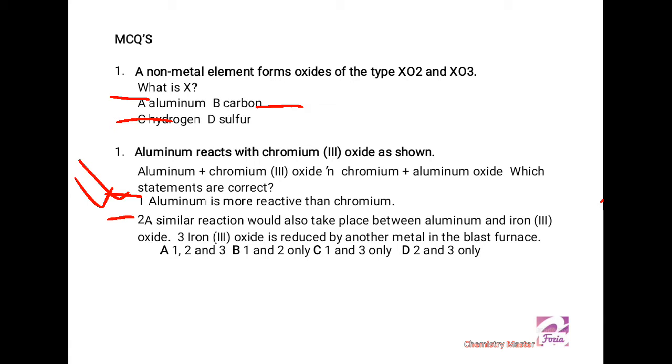So 2 is also absolutely right. But statement number 3 says, iron oxide is reduced by another metal in the blast furnace. In the blast furnace, iron oxide is reduced by using carbon. It's not a metal. So select the correct answer here.